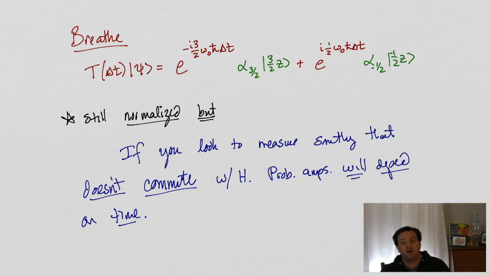Which means that if I try to measure the state in some other basis, say in the sx direction, then the measurements of all of the operators that don't commute with H are going to be time dependent. And this leads us to lots and lots of cool physics, and we'll get to talk about that over the course of the next week.